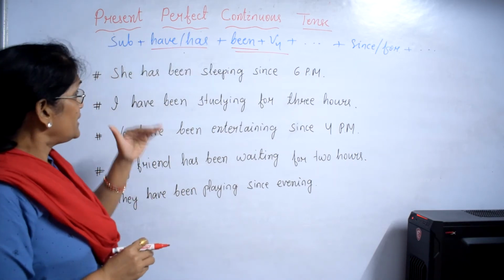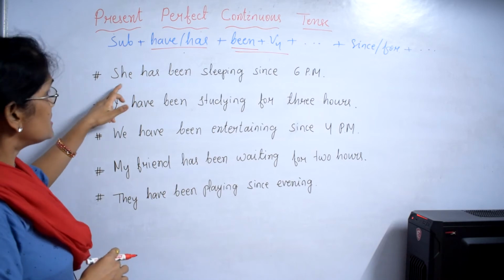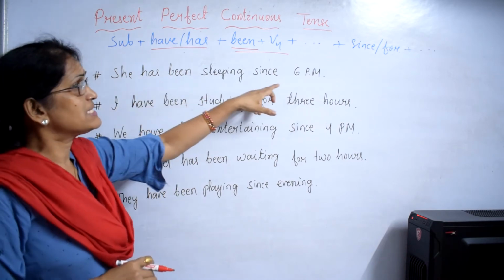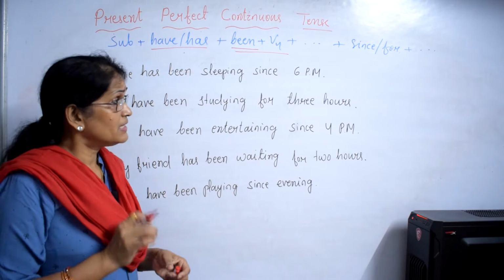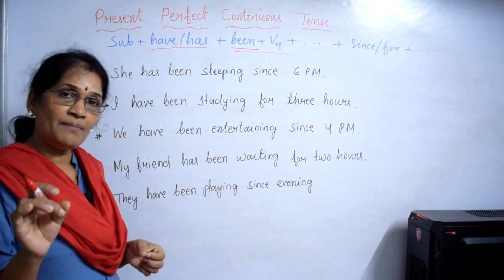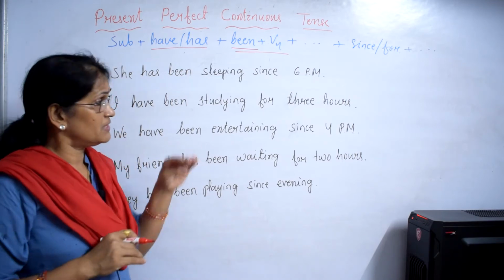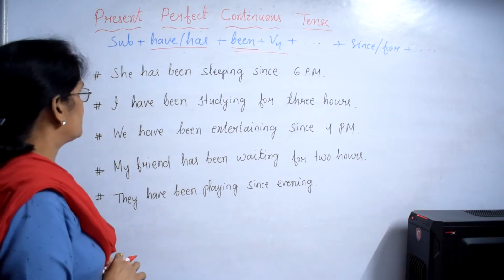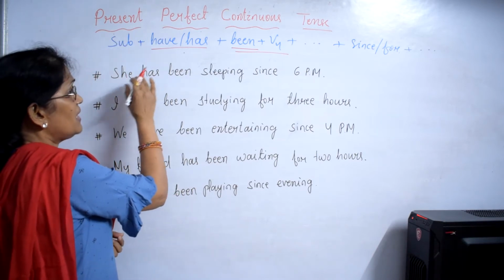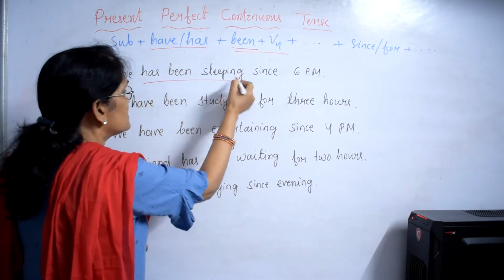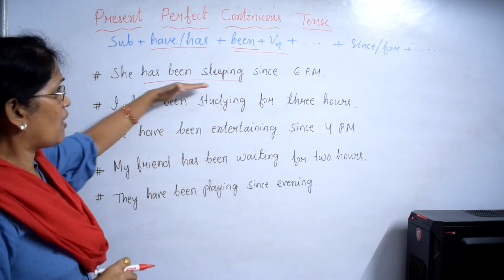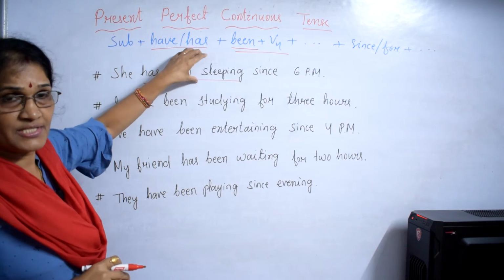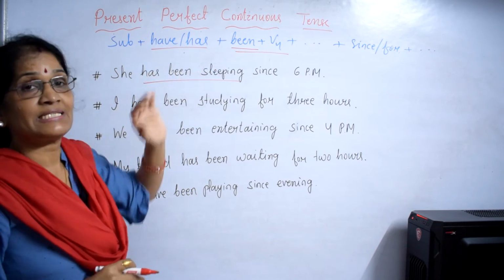Right? So its construction, she has been sleeping since 6 p.m. There one time, point of time or period of time comes in every sentence of present perfect continuous. Subject, she. Has been sleeping, this is the verb phrase.